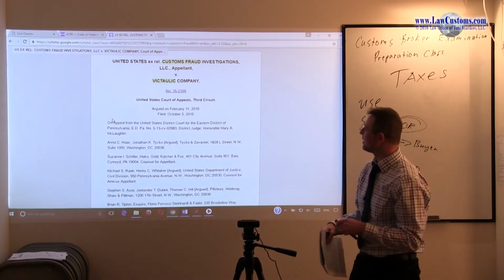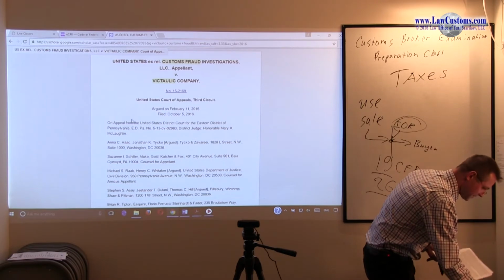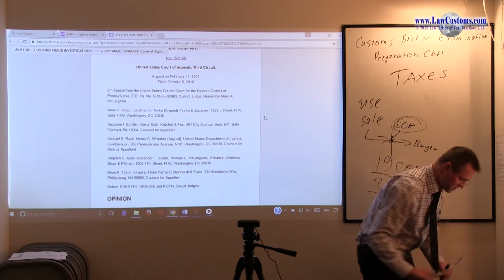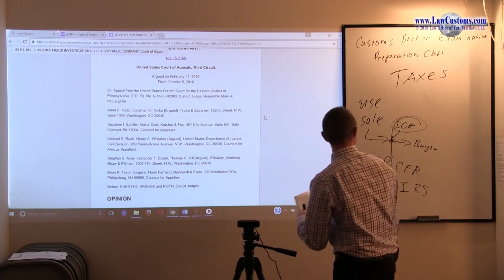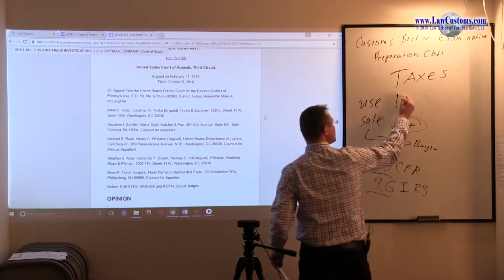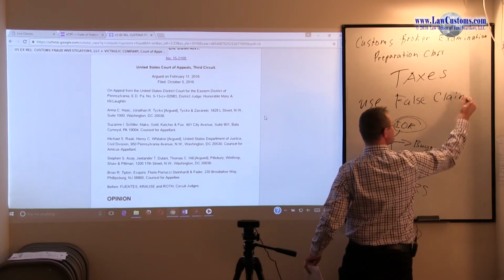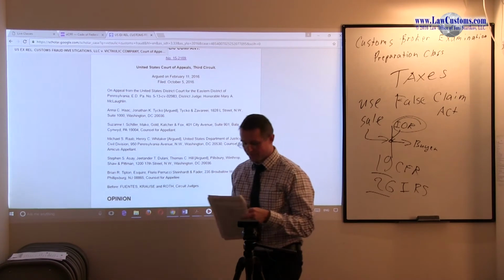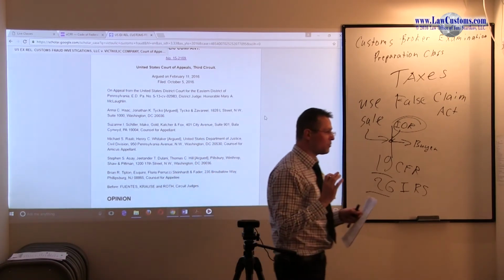First of all, what this case stands for is a proposition that what is called the False Claims Act, which is also known as the Lincoln Law, is very much alive and well in the field of customs.